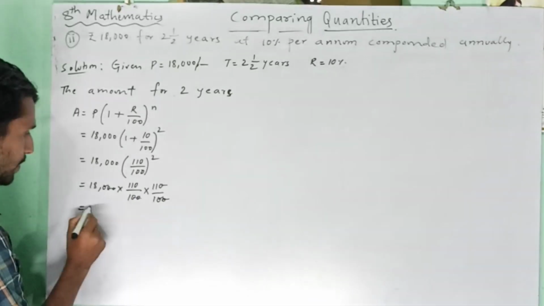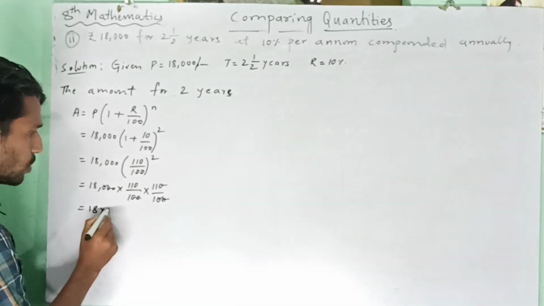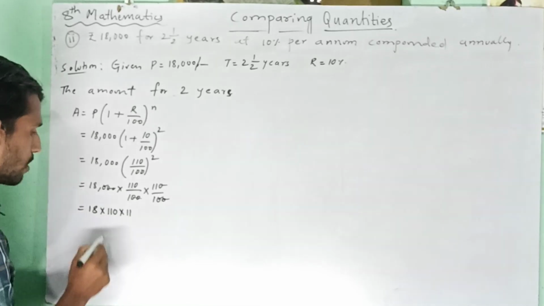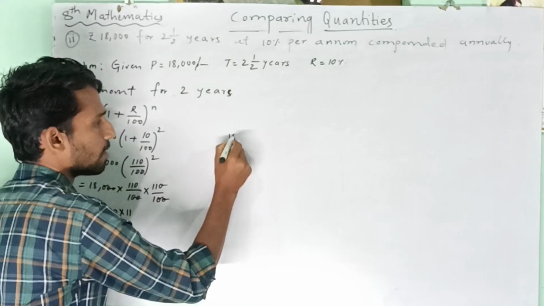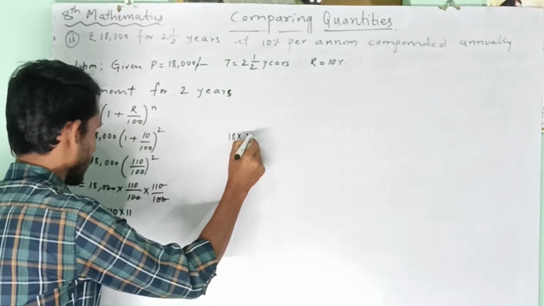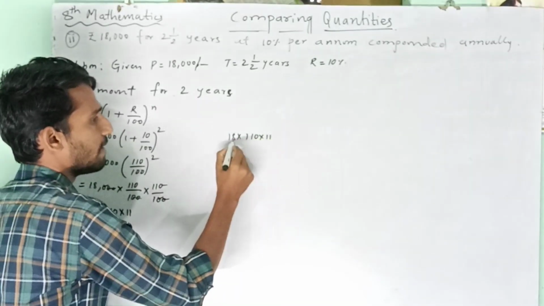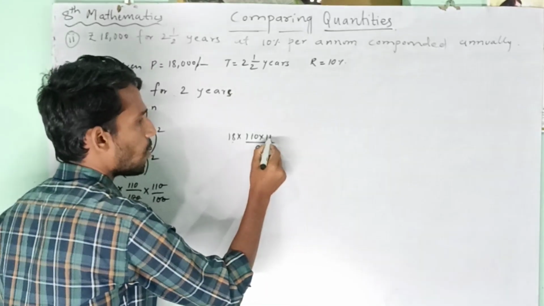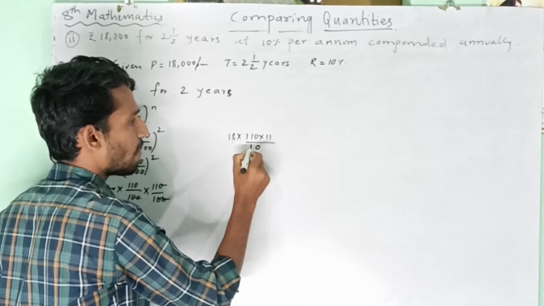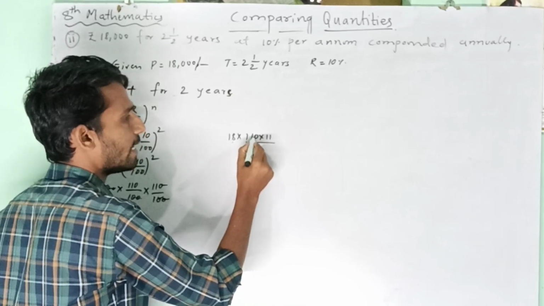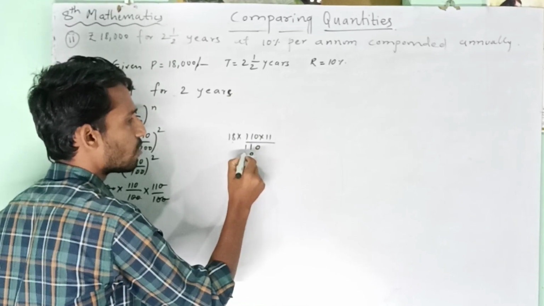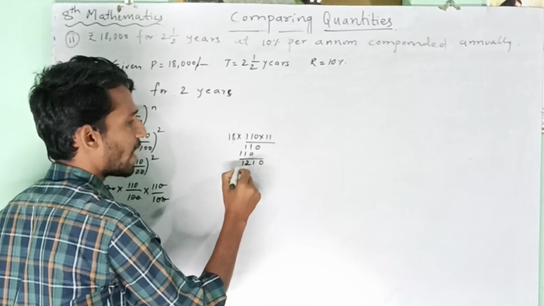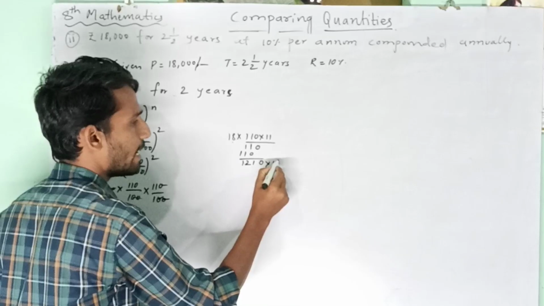Remaining here 18 into 110 into 11. When you multiply here 18 into 110 into 11. Now 11 into 11: 1 into 1 is 1, 1 into 1 is 1, here 121. Again you multiply with 18.